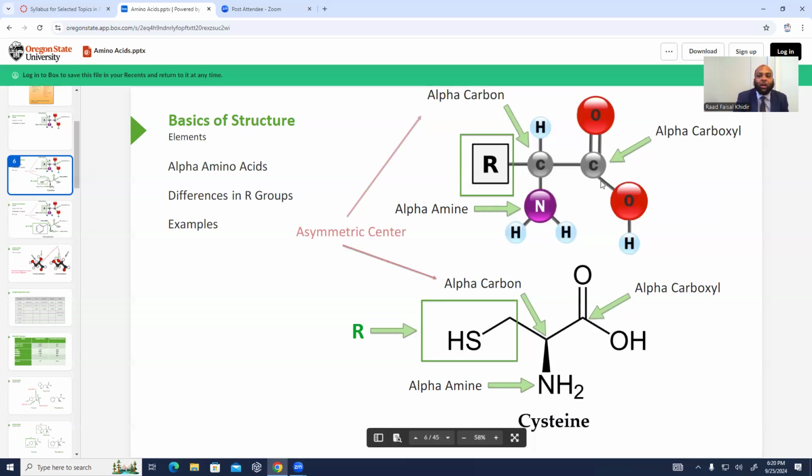Where is the alpha carboxyl? This arrow. So, for example, I'll give you 3 arrows, A, B, C. Which arrow points to the alpha carbon? This one. Which arrow points to the carboxyl carbon? This one. Which arrow points to the R group? This one. So you have to know the structure of the amino acid.